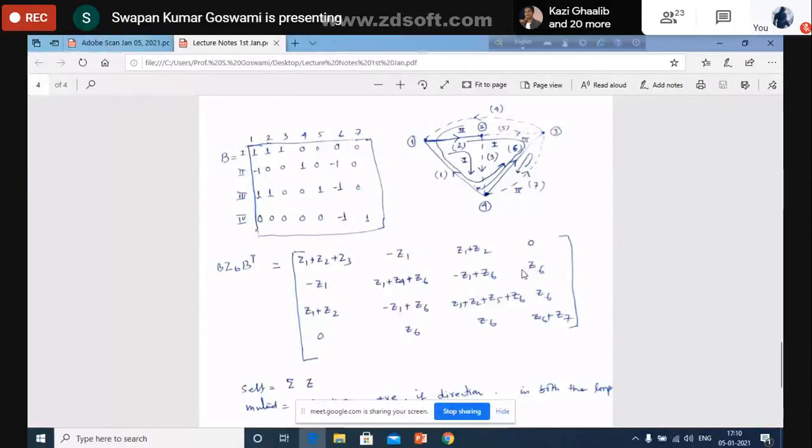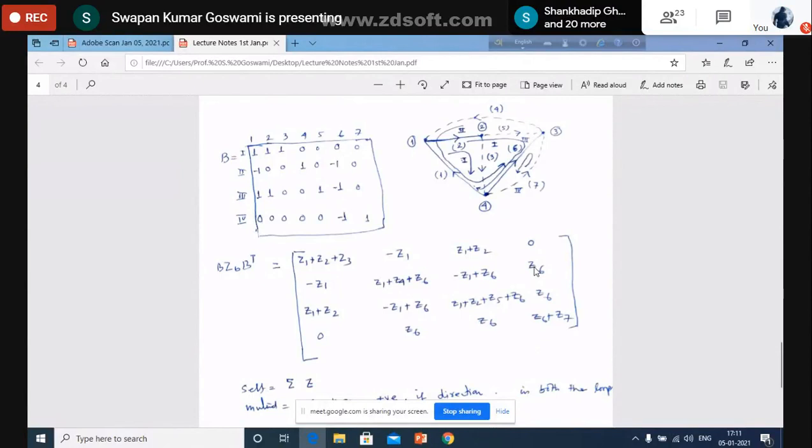You see that loop 2 current is in the same direction as element 6, but loop 4 current is in the opposite direction, so it will be minus Z6. This is the common impedance, so it will be minus Z6, but it is appearing positive because in the multiplication the effect of this minus sign has appeared.